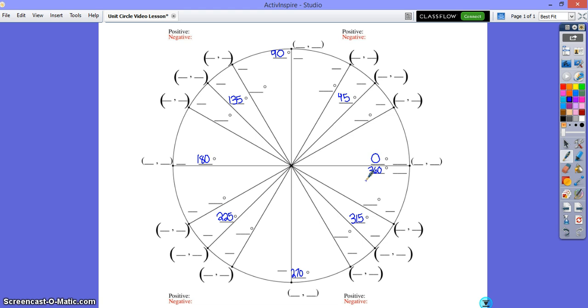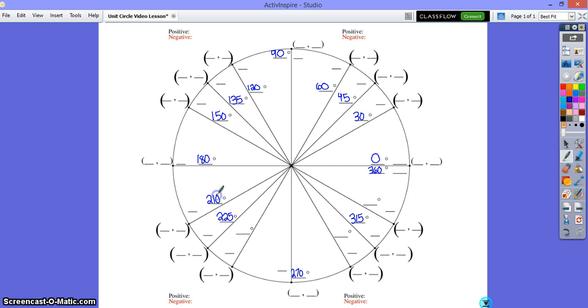The remaining angles in terms of degrees are all multiples of 30. So this is 30 degrees, plus 30 more is 60 degrees, 60 plus 30 is 90, 90 plus 30 is 120, 120 plus 30 is 150, 150 plus 30 is 180, 180 plus 30 is 210.